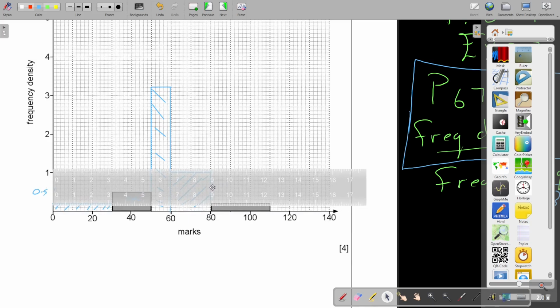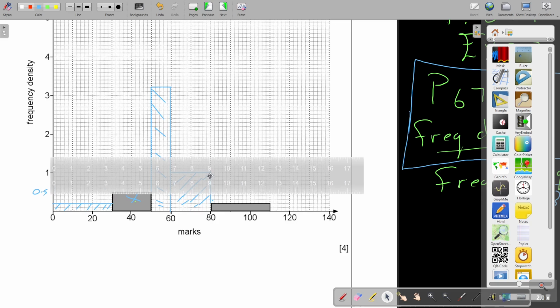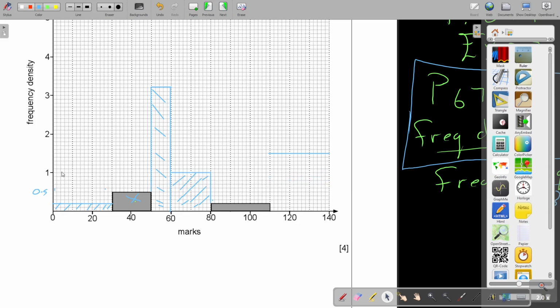So I must just now count 1, 2, 3, 4. So that's going to help you. Did you see what I did? Okay, so then I'm going back to the pen, and it's 1.5. So there at 1.5. Okay, now I can basically just take my ruler away, and now I can just bring it down.